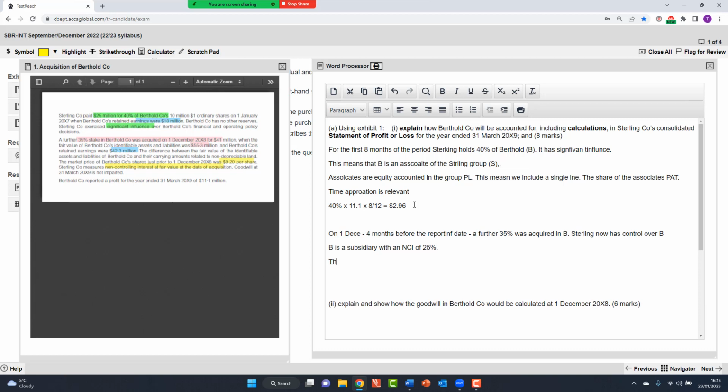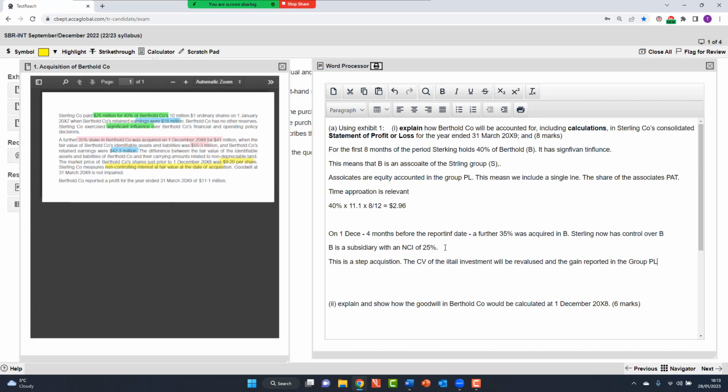This is a step acquisition. The carrying value of the initial investment will be revalued, and the gain reported in the group P&L. Let's go back further.